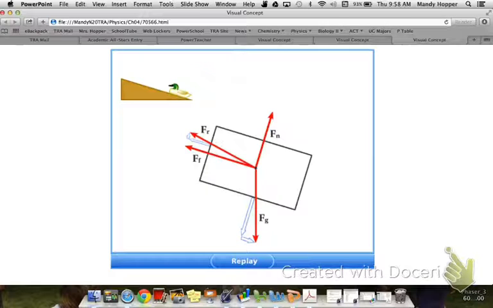A couple of things I wanted to point out here. Again, force due to gravity is always straight down. Even though our duck is on an angle here, force due to gravity is always straight down. Your normal force, that is what this F of N is, is always perpendicular to the surface that your object is on.